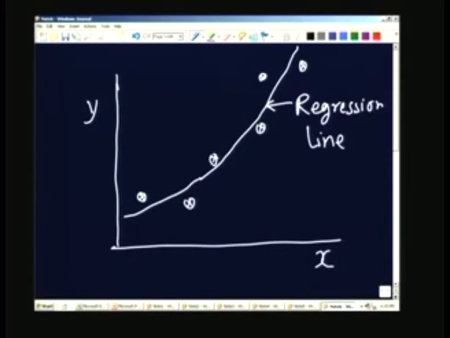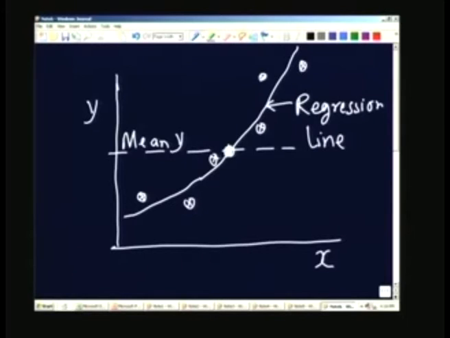So, suppose I identify the mean value of the y. Let us say the mean value of y is here, this is the mean y. Of course, we have known that the regression line will pass through that mean value.